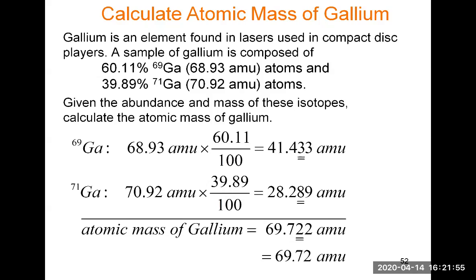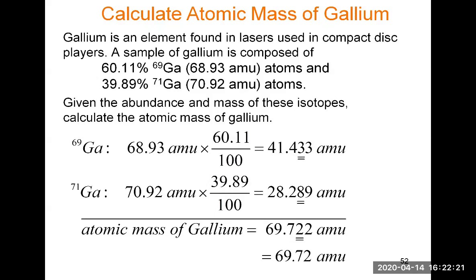And now we are ready to add them together. 41.433 plus 28.289. And when you add, the rule is to keep the least number of decimal places, and in both cases it was 3 decimal places. So then you would round the final answer to 69.72 atomic mass units for gallium.